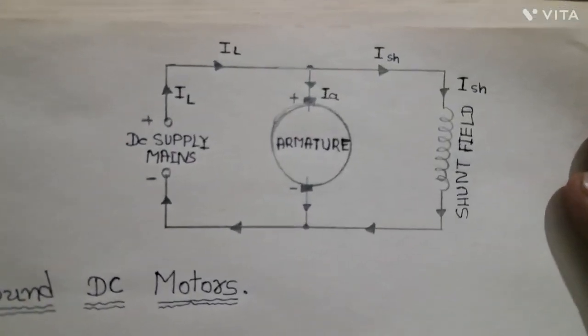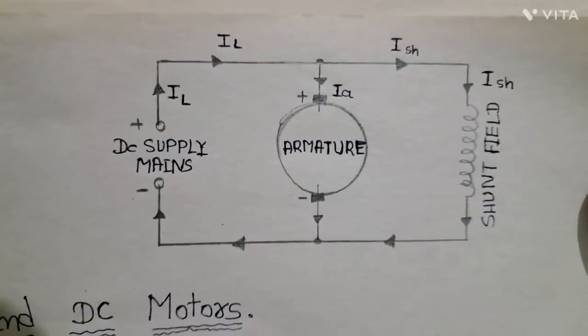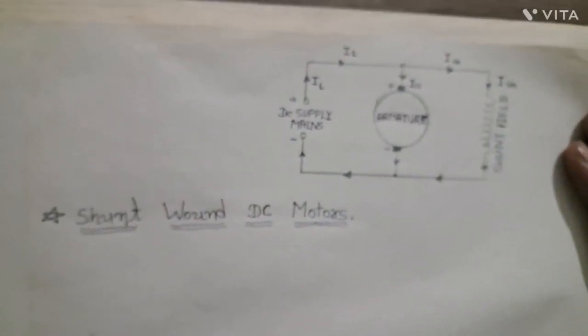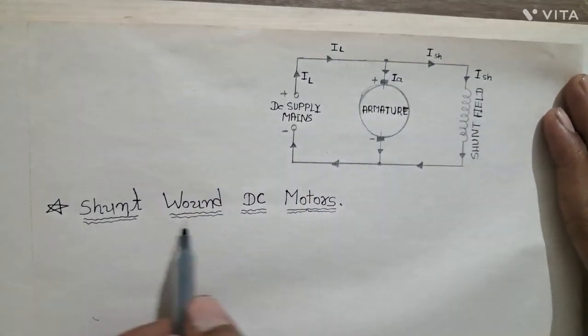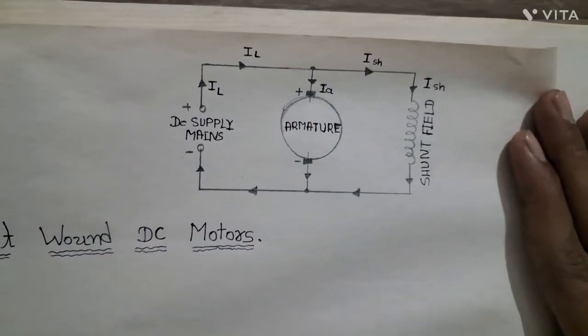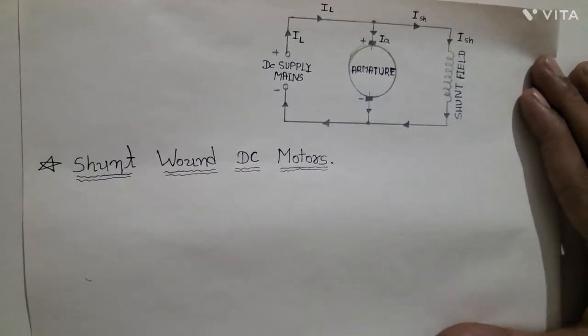Okay, so next is the shunt wound DC motor. This is the topic shunt wound DC motor, and this is the shunt wound DC motor figure. The theory is that shunt means parallel.